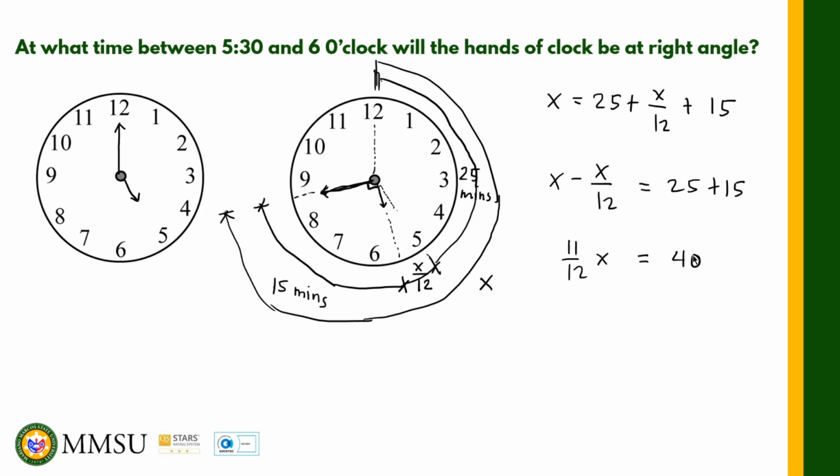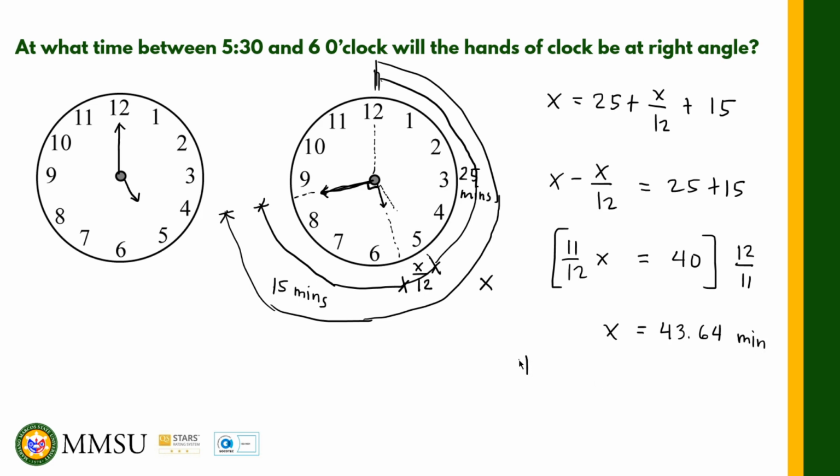Okay, so to eliminate the 11 over 12, we multiply this by 12 over 11. Therefore, x is equal to 40 times 12 divided by 11 is 43.64. Ibig sabihin yan, that's 43.64 minutes past 5 o'clock. Okay, so what is the time?